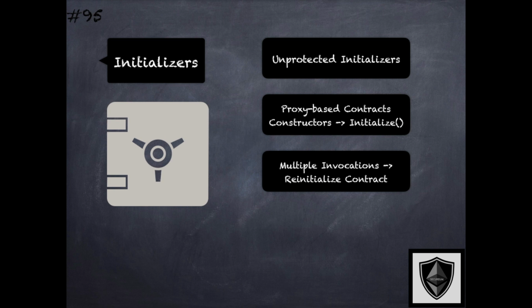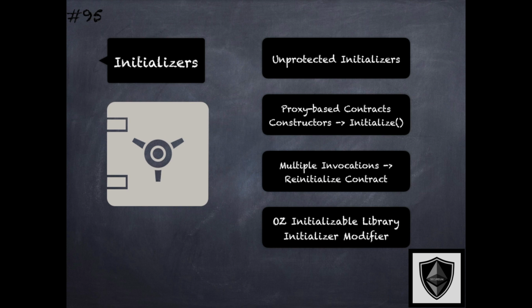And in those cases, they could reinitialize the contract with values that let them exploit some of the contract functionality. The best practice here is to use OpenZeppelin's Initializable library, which provides an initializer modifier that can be applied to the initialize function. And this modifier prevents it from being called multiple times.